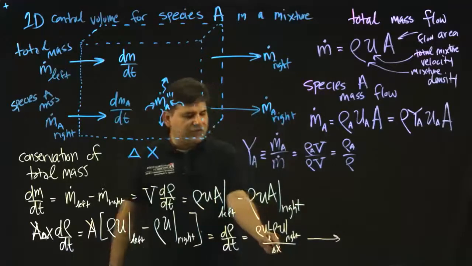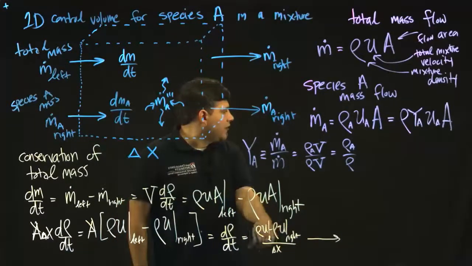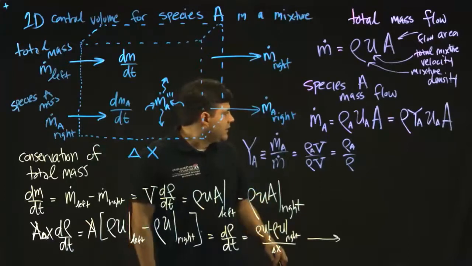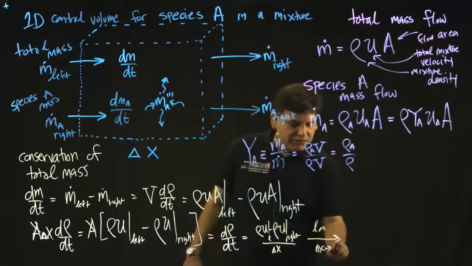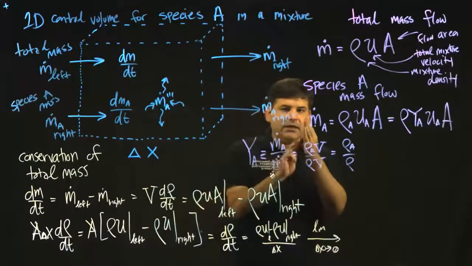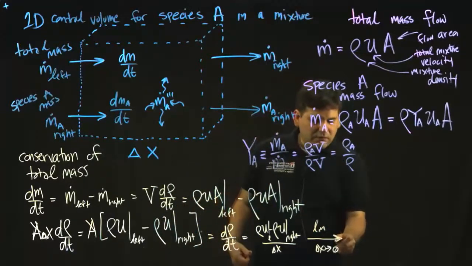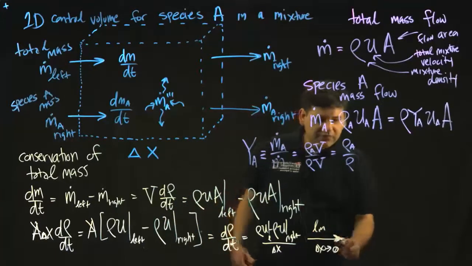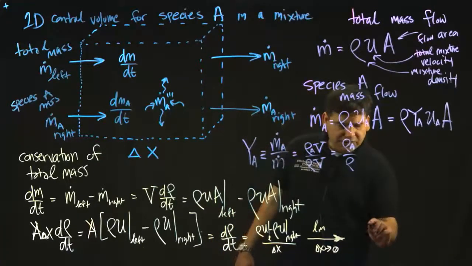So the delta x goes here. This is where the derivative comes from, d rho u dx. And the limit of delta x going to 0 is an infinitesimal change, going from this discrete change to an infinitesimal continuous function. That gives us our final result in one dimension.